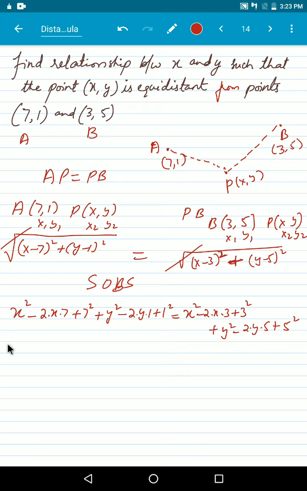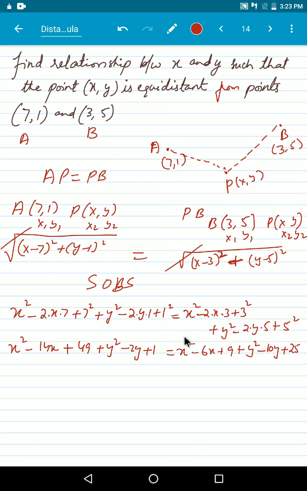So x square minus 14x plus 49 plus y square minus 2y plus 1 is equal to x square minus 6x plus 9 plus y square minus 10y plus 25.